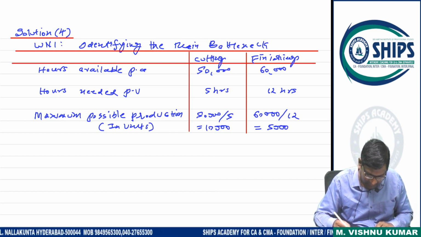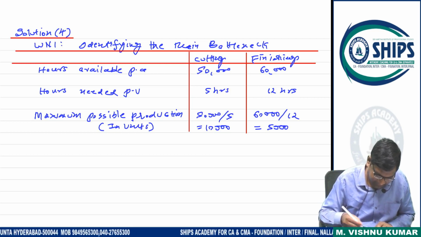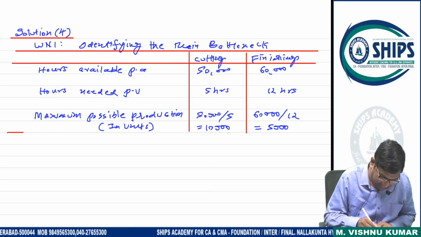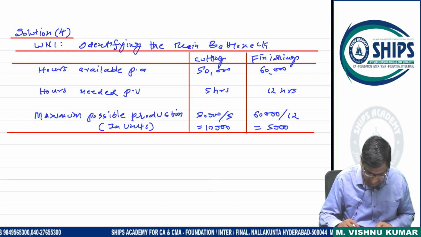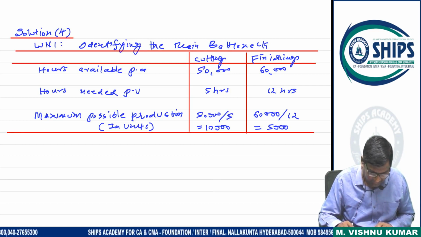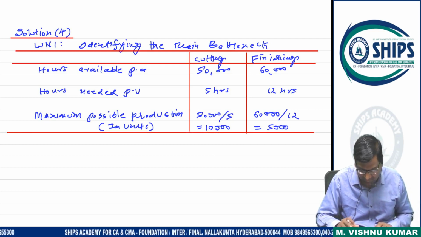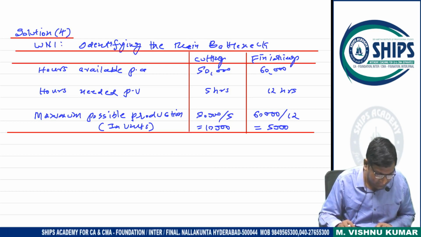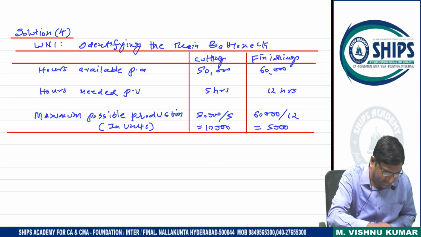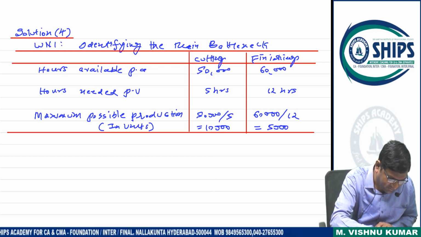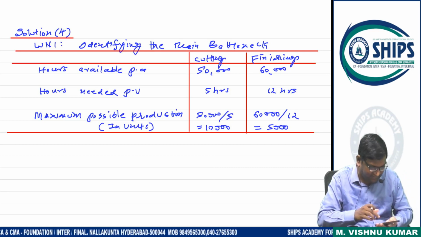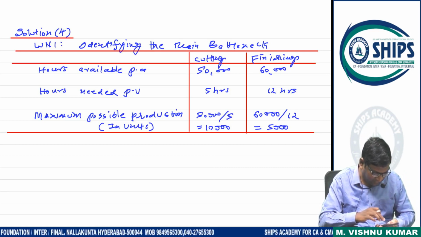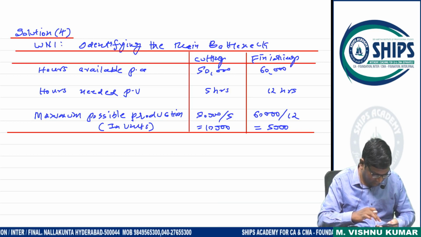So here the bottleneck department is the finishing department, because the capacity of the cutting department is 10,000 and the capacity of the finishing department is 5,000. So the finishing department is the bottleneck. Yes, all students attending the class have to send a message, understand? Because I have to check all the messages here and accordingly provide sufficient information.